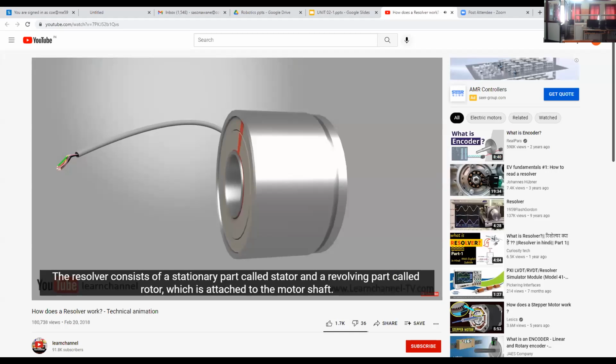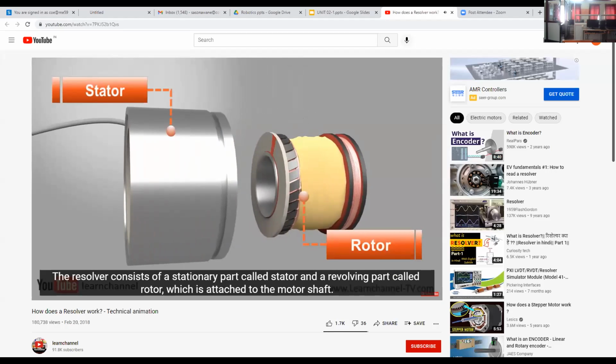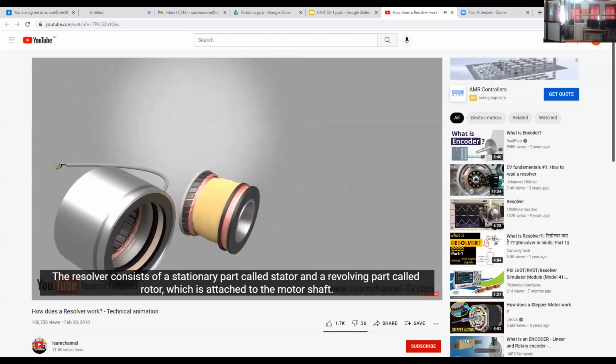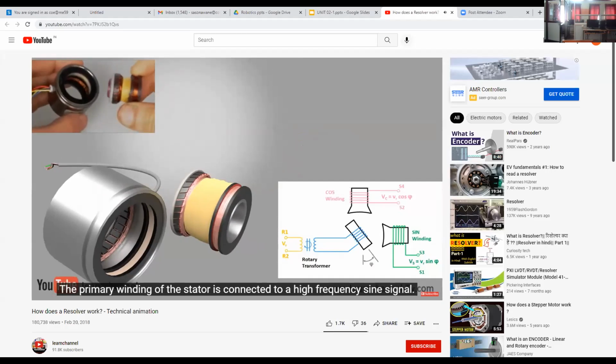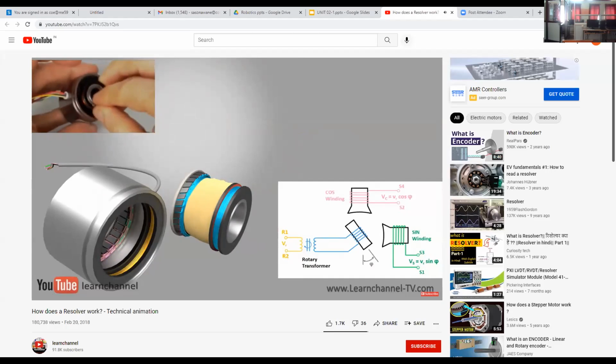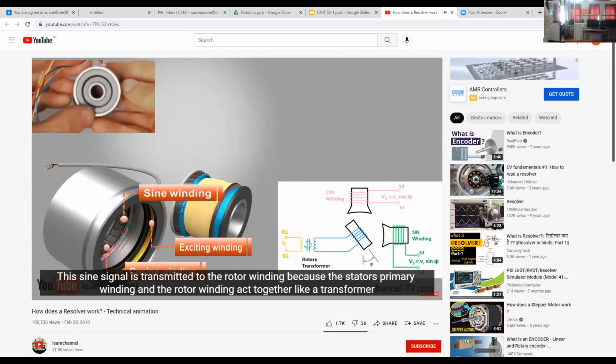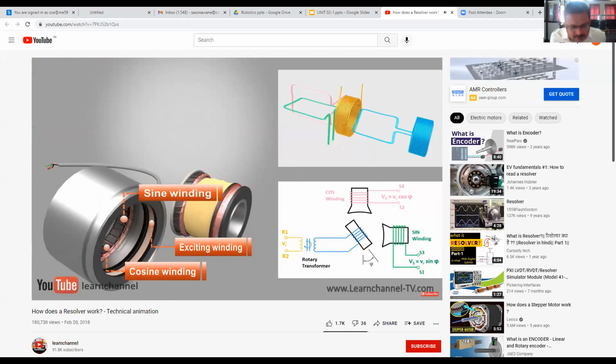The resolver consists of a stationary part called the stator and a revolving part called the rotor, which is attached to the motor shaft. The primary winding of the stator is connected to a high-frequency sine signal. This sine signal is transmitted to the rotor winding because the stator's primary winding and the rotor winding act together like a transformer.